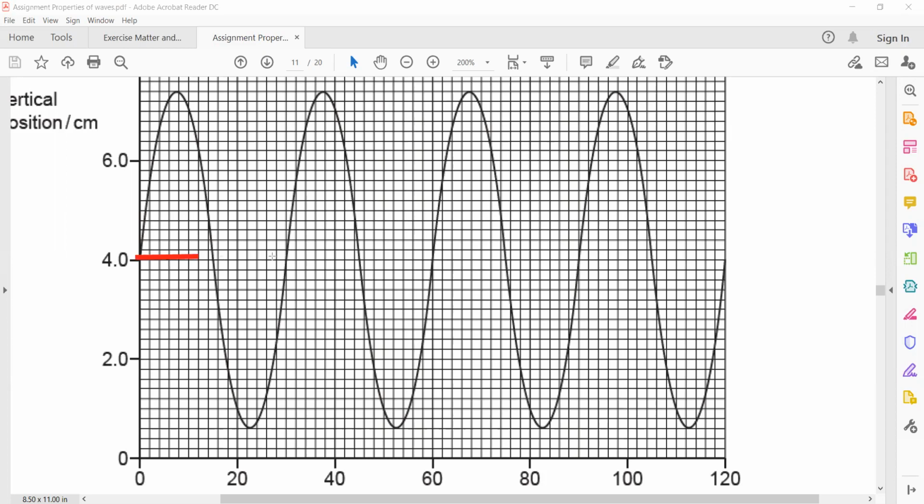So if I draw a horizontal line here, the amplitude is the distance from mean position to extreme. So from 4, what is the distance?